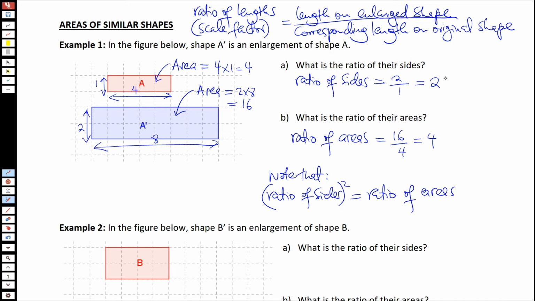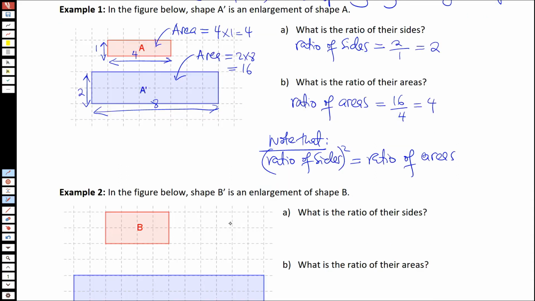Just like I said, 2 squared gives you 4. So what we want to find out is whether this relationship is true for all similar shapes. By working examples 1, 2, and 3, we want to find out if this relationship is always true.